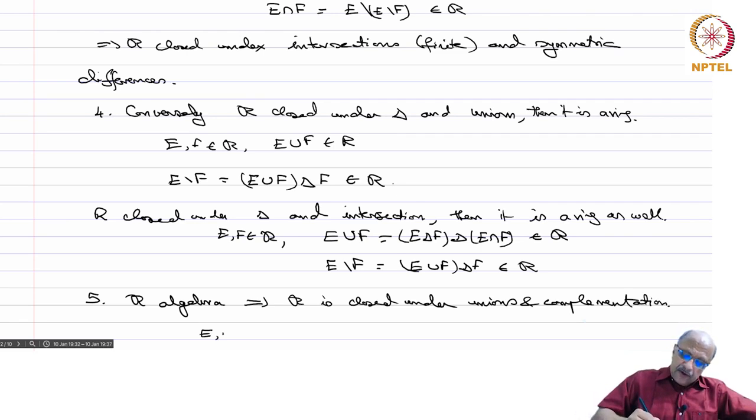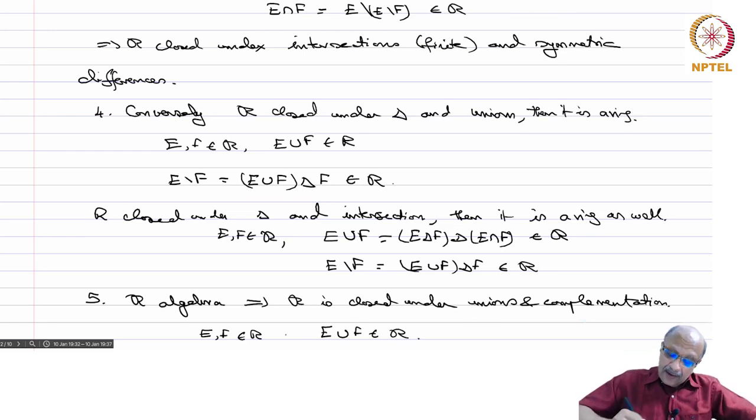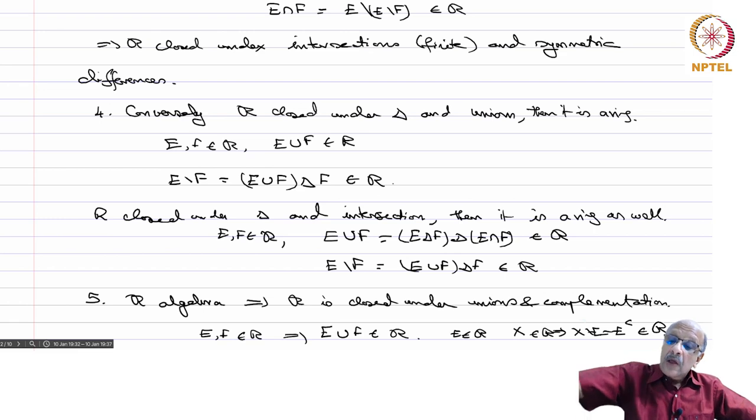So if E and F belong to R, then E union F also belongs to R, that is true. And if E is in R, then X is also in R, so X minus E, which is nothing but E complement, belongs to R. This is the symbol for complement which we will use.